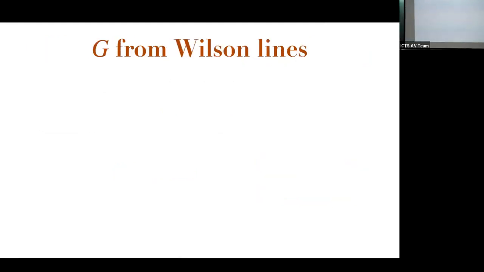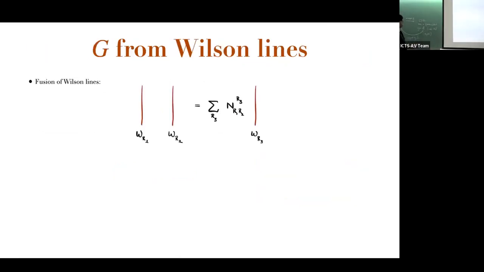So, what do I mean by G from Wilson lines? I mean in the sense that suppose we know the OPE for Wilson lines. So we have 2 Wilson lines labeled by 2 irreducible representations, R1 and R2. We can bring them together and define the OPE, which is, we can write this fusion of Wilson lines as a sum over some Wilson lines with some integer coefficients.